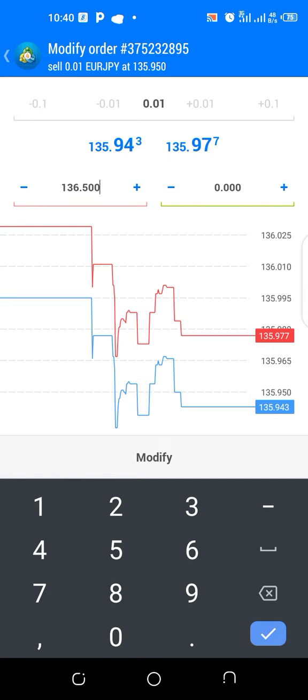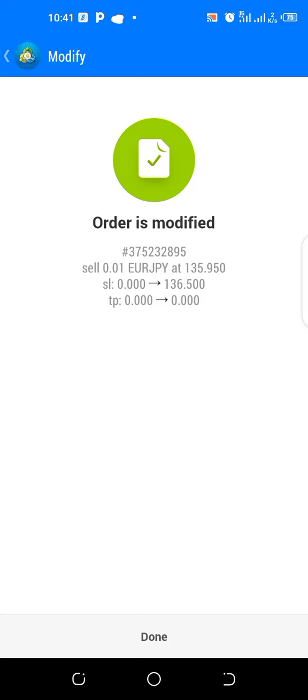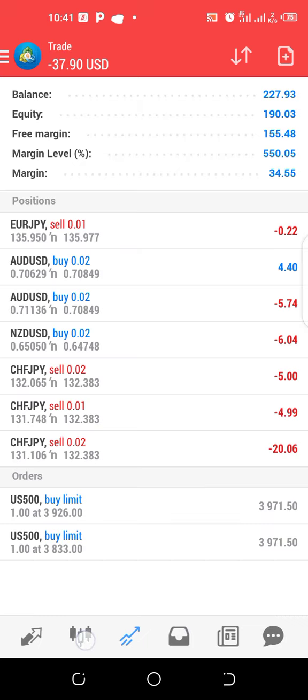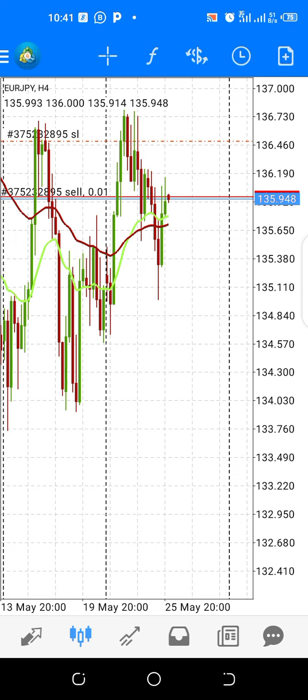If you know your take profit, you do the same, or you could just click the plus sign, then edit it to how you want it to be. Then we click modify. Come to the trading, and there it is. So that is that.